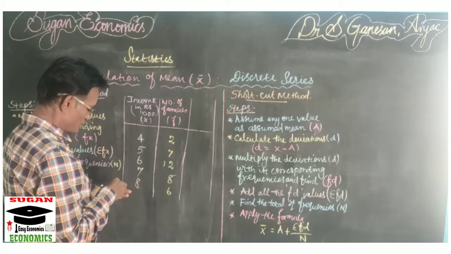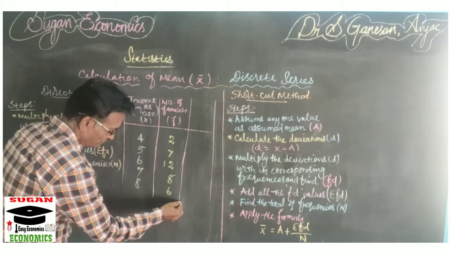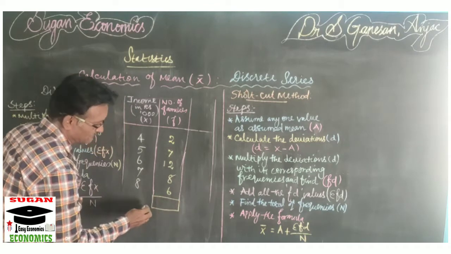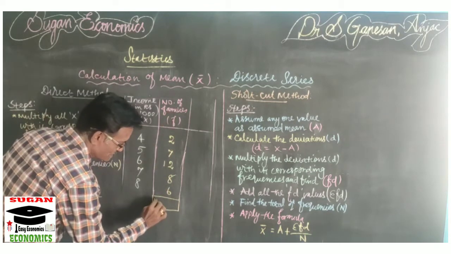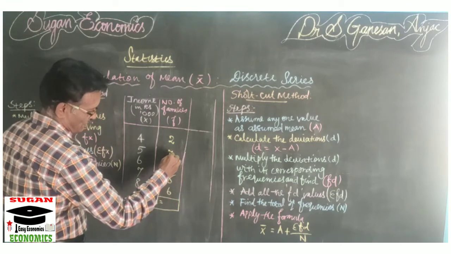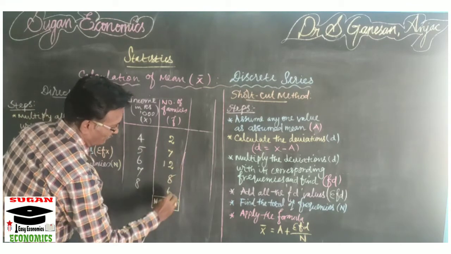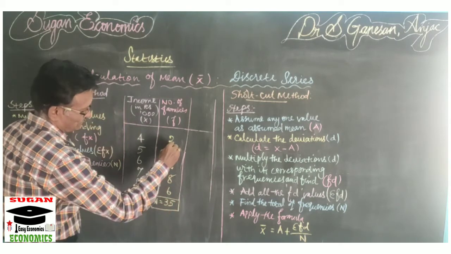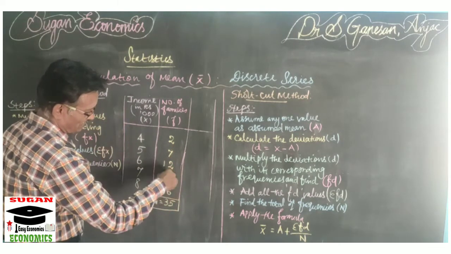Now first you have to find n. N is nothing but the total of frequencies. So n equal to 35. Okay.